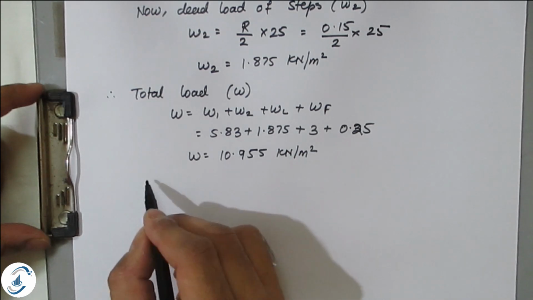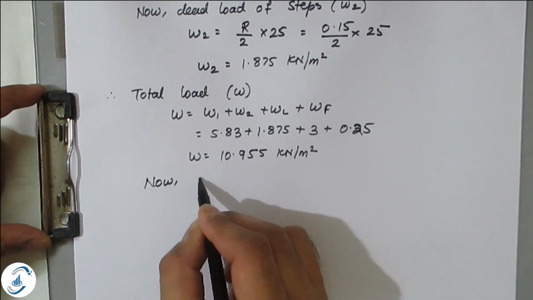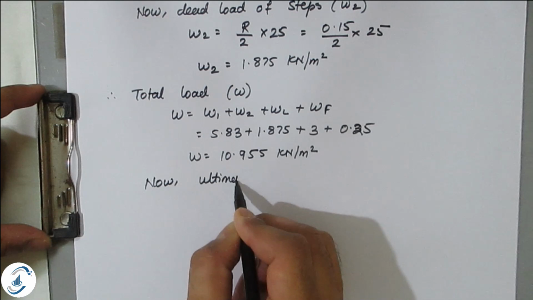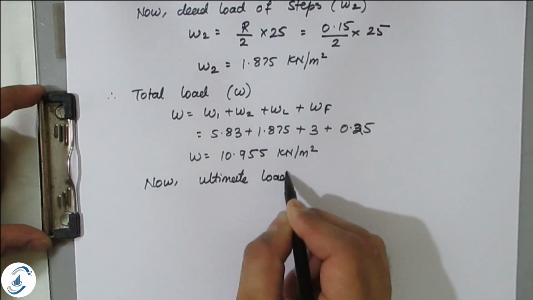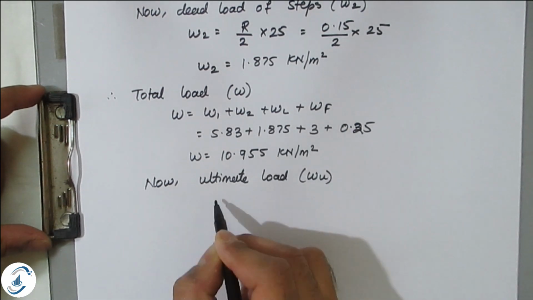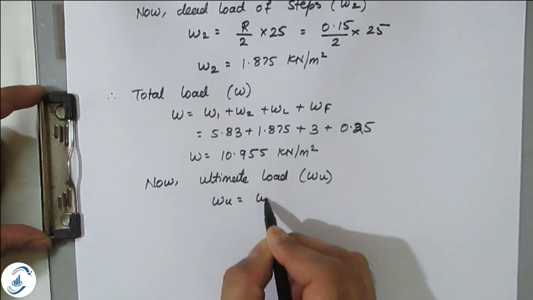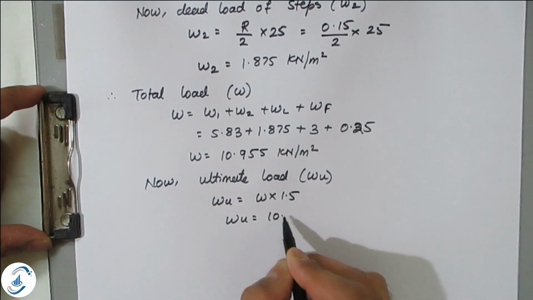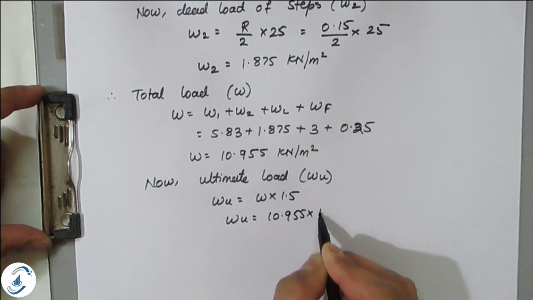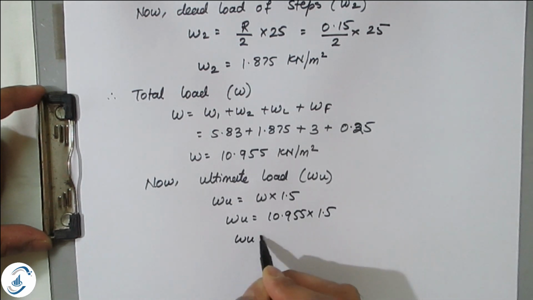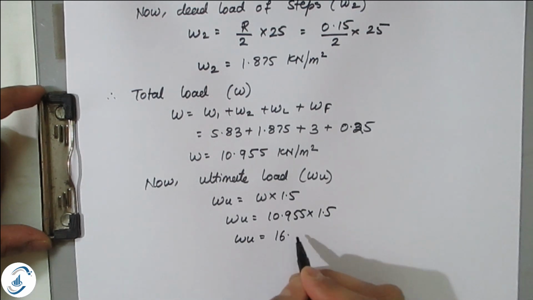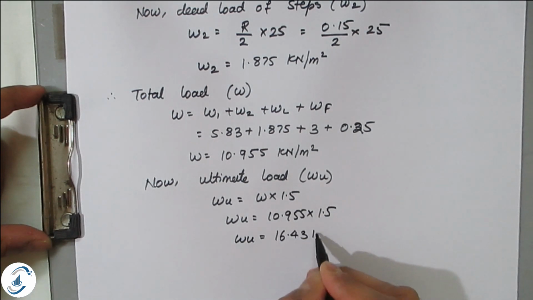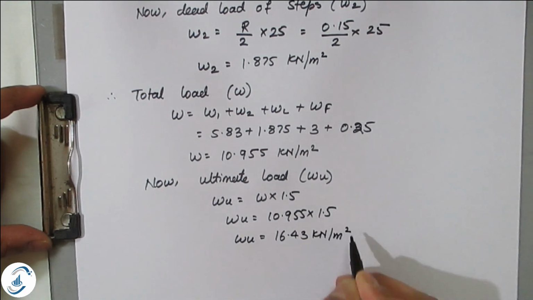Now you have to find the ultimate load, WU, which is nothing but W into 1.5, that is 10.955 into 1.5. So you will get WU as 16.43 kilonewton per meter square.